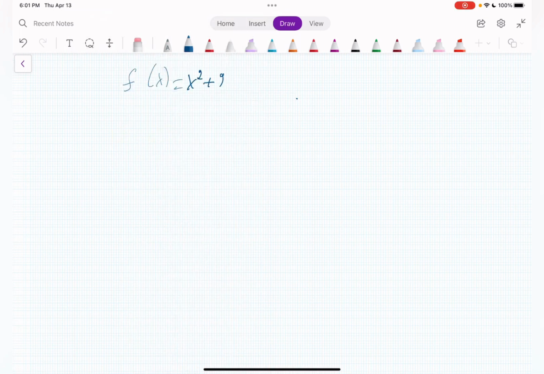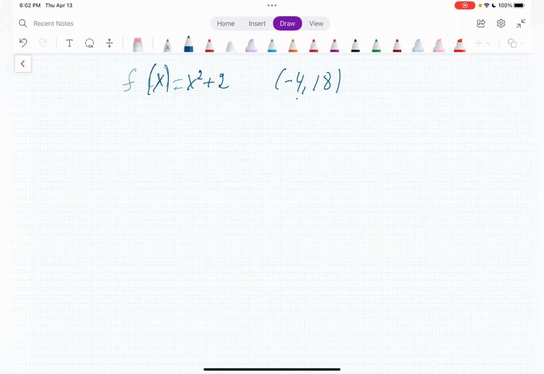x squared plus 2, and we need to find an equation for the tangent line to the graph. This is the graph, x squared plus 2, at the given point -4 and 18. So, which means we need to find the tangent line, the equation of the slope.